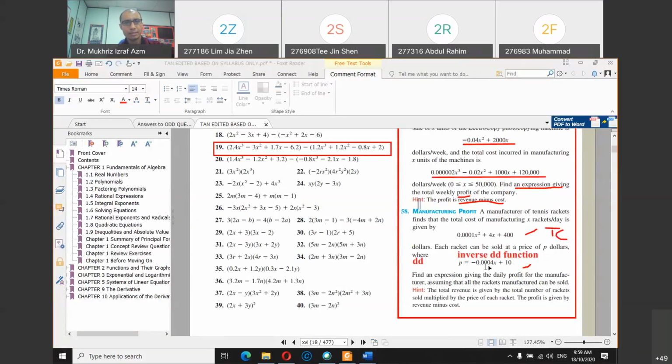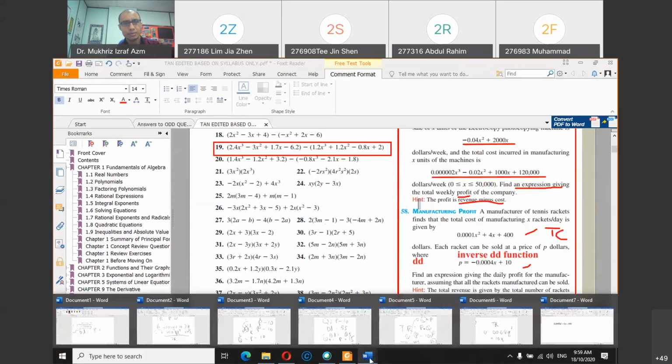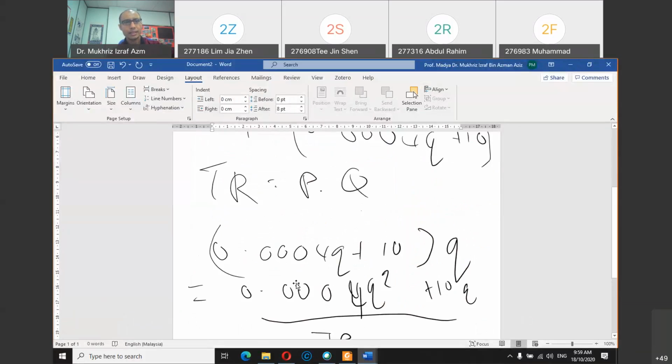Once you get the inverse demand function, or P in terms of Q, then you put the bracket multiplied by quantity. Then you get the total revenue as I've shown here. TR is P multiplied by Q. So the inverse demand function in brackets multiplied by Q. The expression must be in terms of quantity, then you can multiply by quantity, not by price.